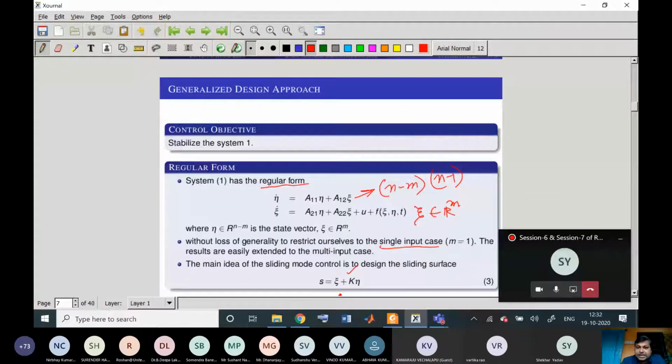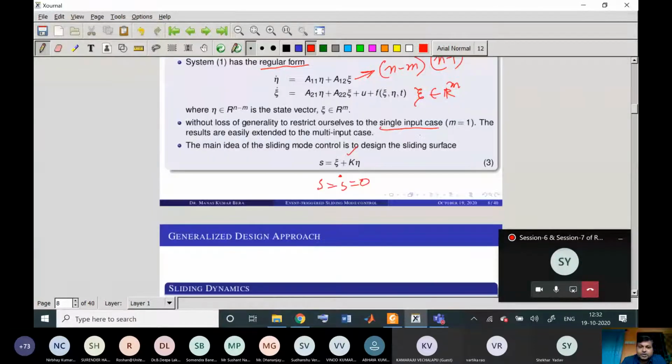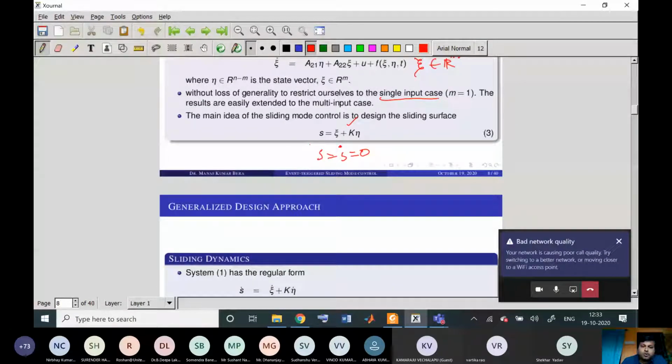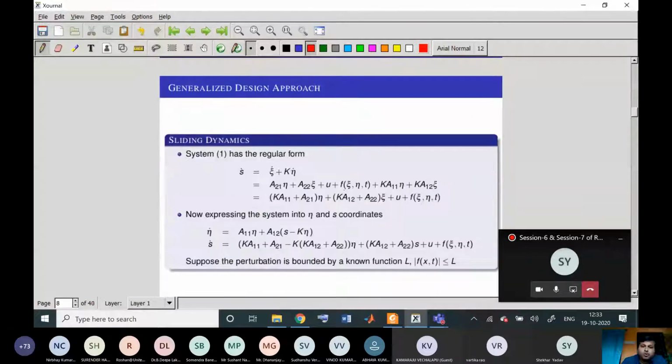With this aim, we will see what the dynamics of S is. To do that, we differentiate S once, and the final representation is given by this equation, where we can see that U and the disturbance have appeared. You remember that if we are dealing with classical sliding or first order sliding, then at the first derivative of the objective function, that is the sliding variable, the control must appear.